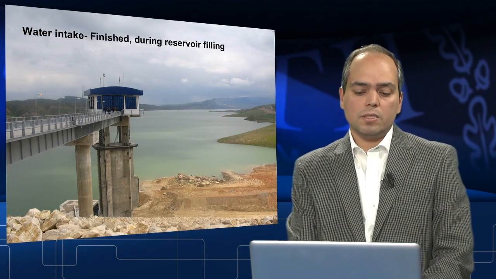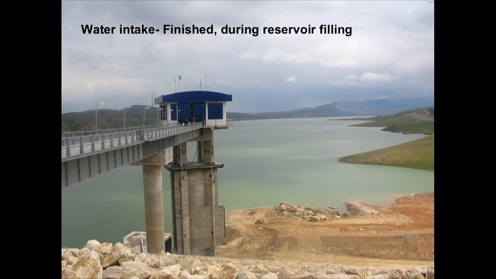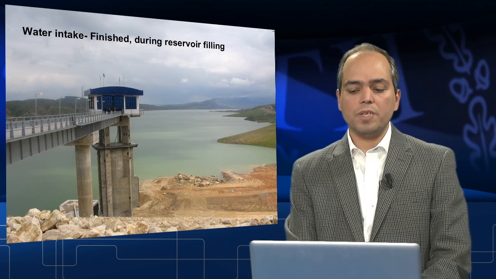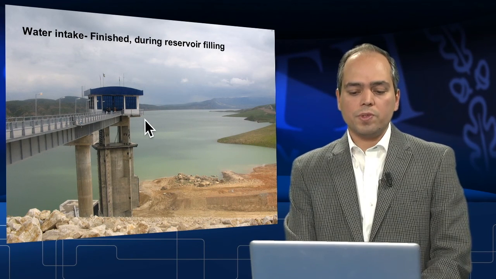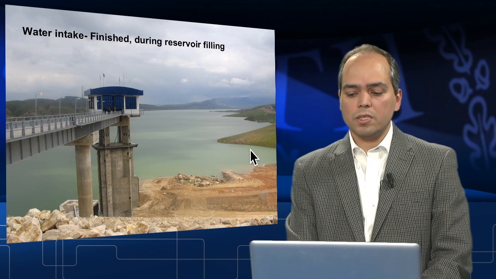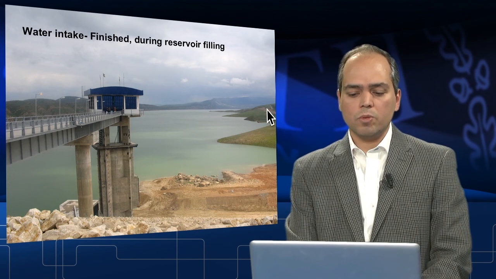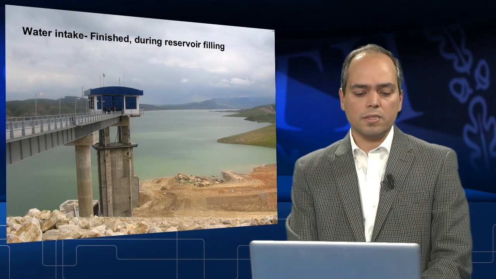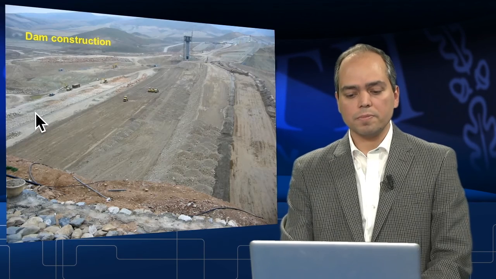The very same location you could see during the filling period of the dam. So the dam is constructed, it is completed here, and then it is being filled with water. So you could see on the right side, it's the Iranian border or the Iranian land, and then this is Turkmenistan on the other side.